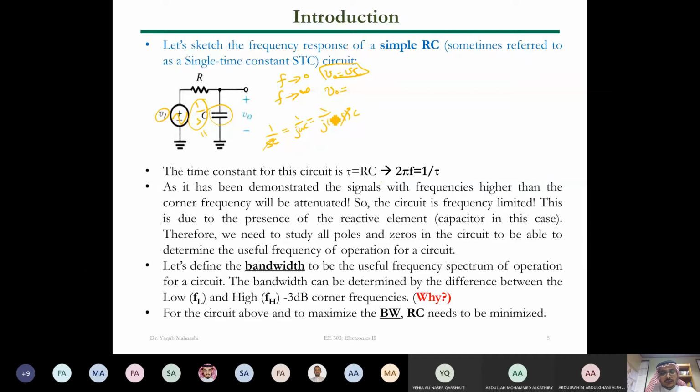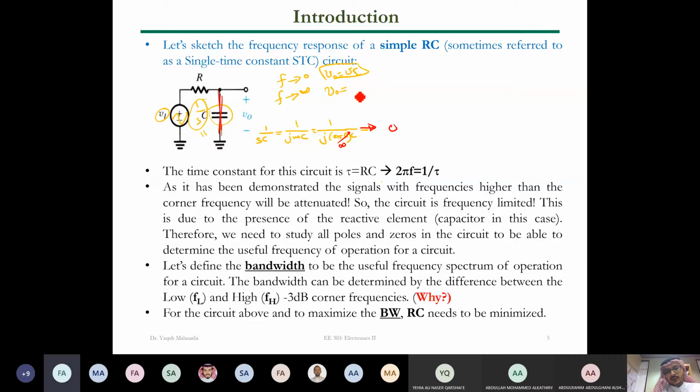So if f now goes to infinity, this term will go to 0. This one is 1 over SC, this one will be j omega C, and this one will be j2 pi fC. And if your frequency goes to infinity, what will be the magnitude of this one? 0, exactly.